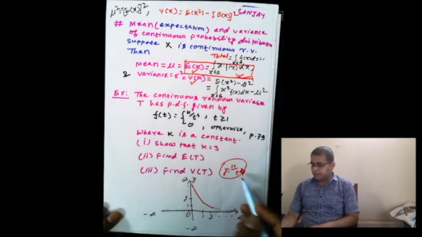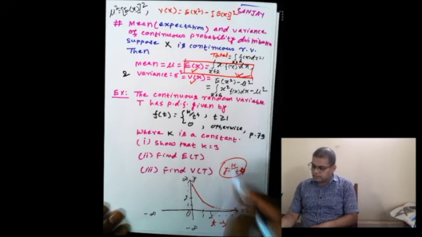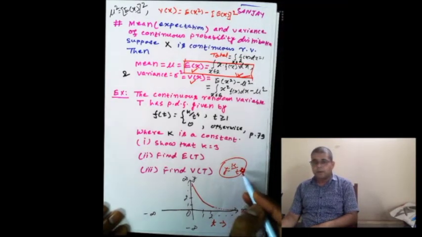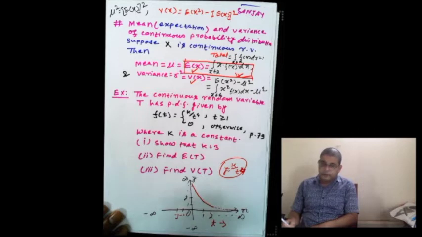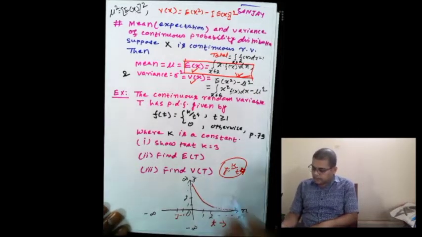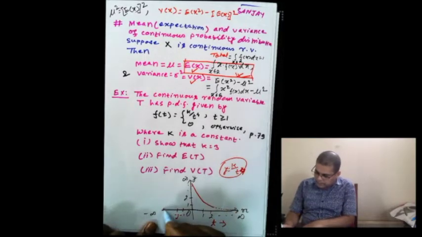So even if you put negative values for t, and t is along the x-axis, your whole value will remain positive because of this even power of the variable t. So if I am going this way and I am writing negative 1, negative 2, and I will go to the lowest and lowest value in the negative sense, then what happens, as you decrease the value of t in the negative sense, it will go nearer and nearer to the x-axis, but it never touches the x-axis.